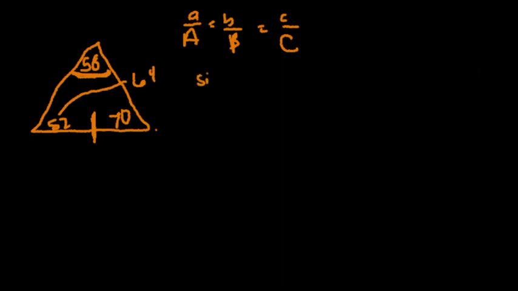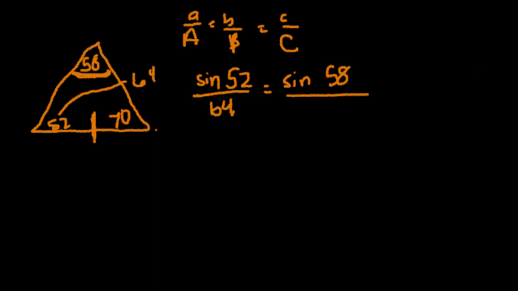So sine 52 over 64 equals sine 58 over x. Right?